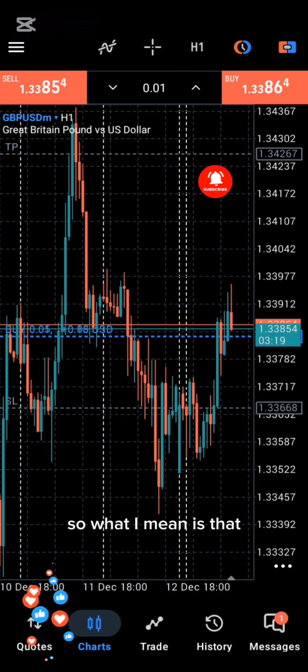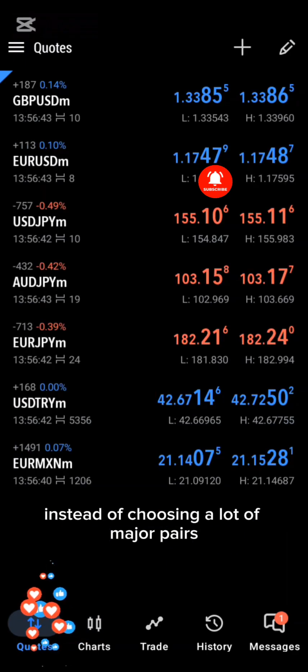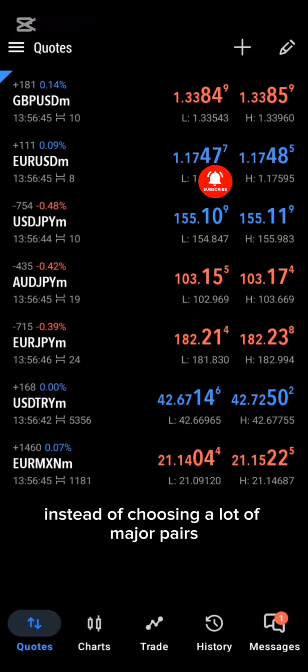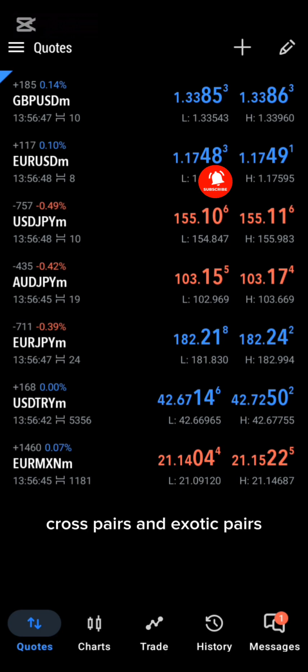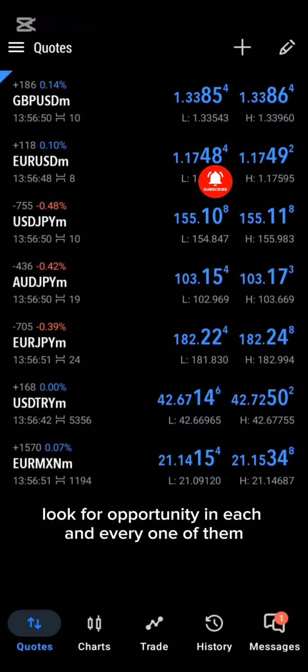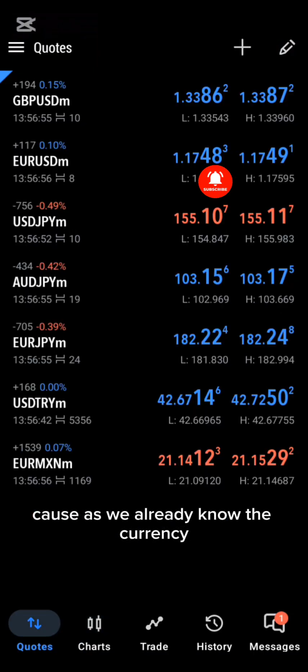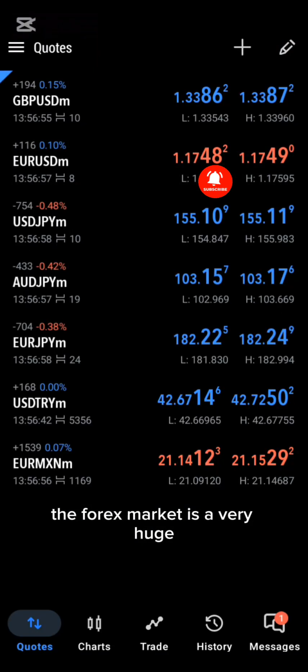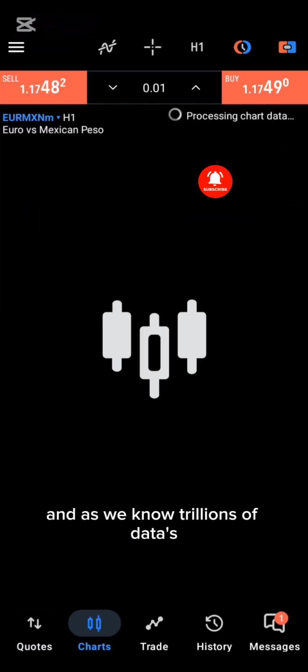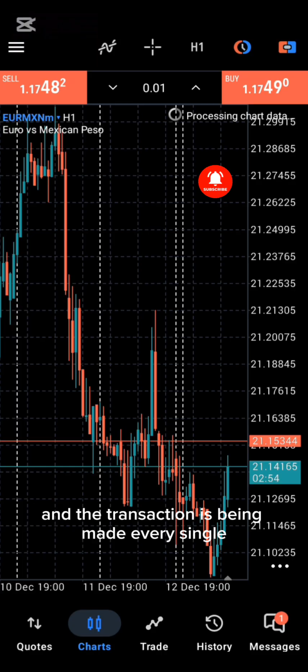So what I mean is that instead of choosing a lot of major pairs, cross pairs and exotic pairs and trying to look for opportunity in each and every one of them, because as we already know, the forex market is very huge, with trillions in transactions made every single day.